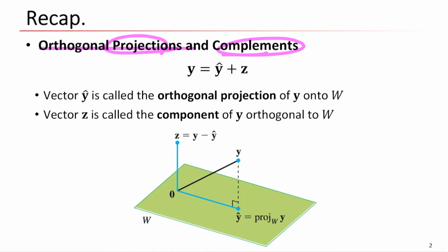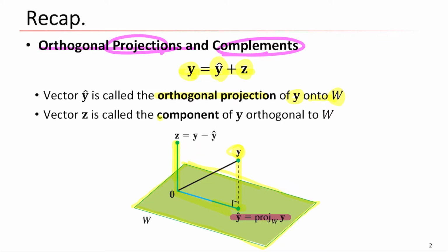Let's say we have an arbitrary subspace W, and we have the vector y outside W, or inside W; in this case, outside W. Then we want to decompose this vector y into y hat plus z, where y hat is the orthogonal projection of y onto W, and z is equal to y minus y hat.